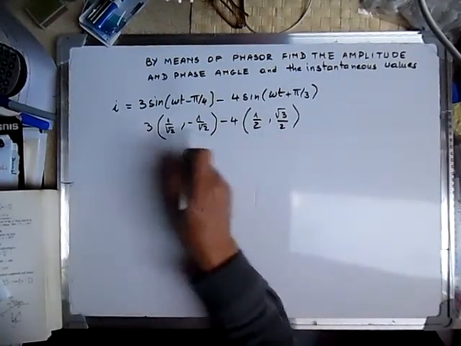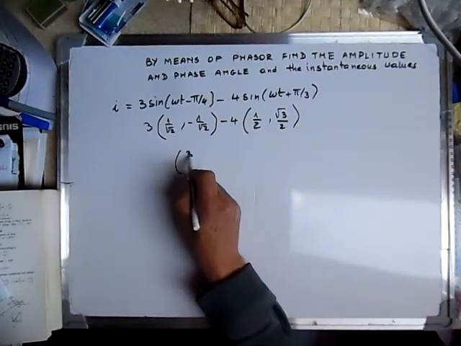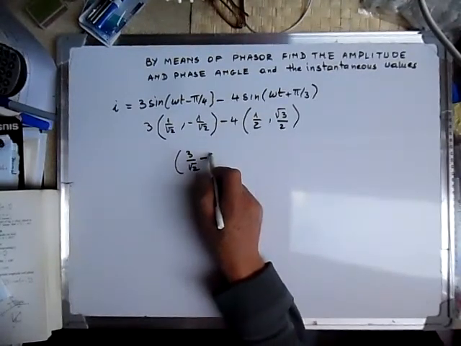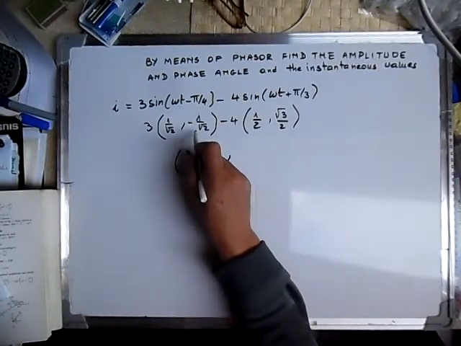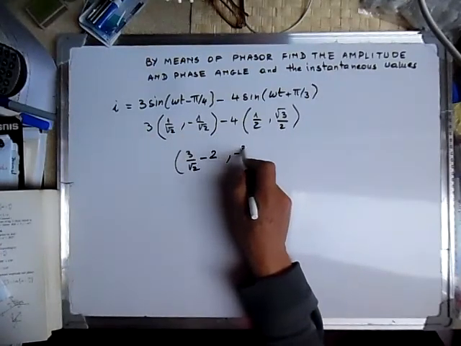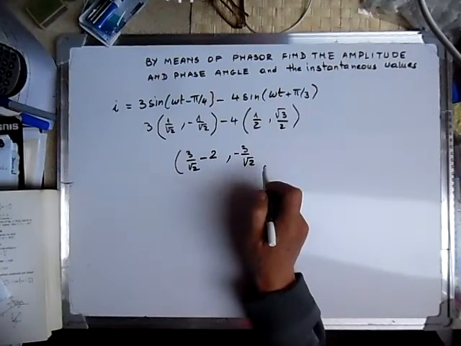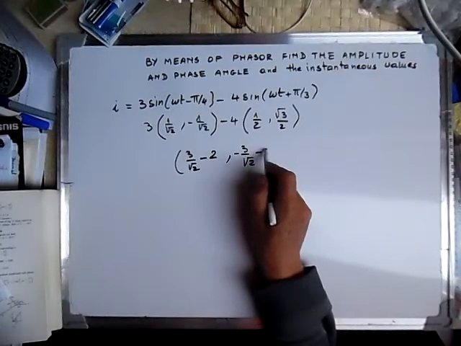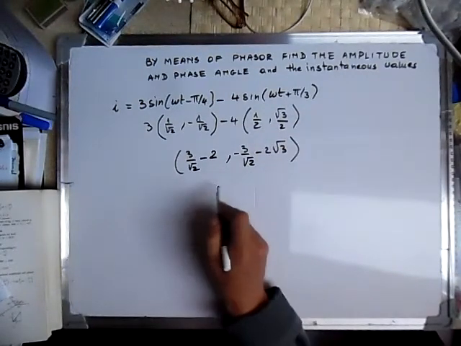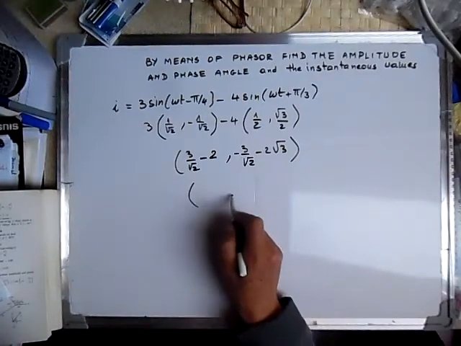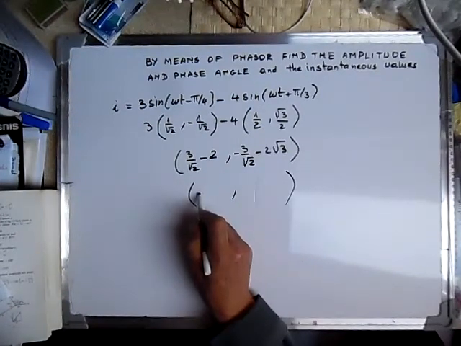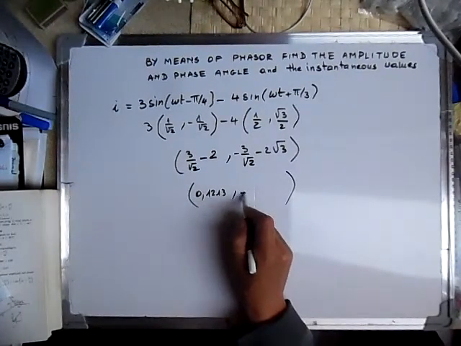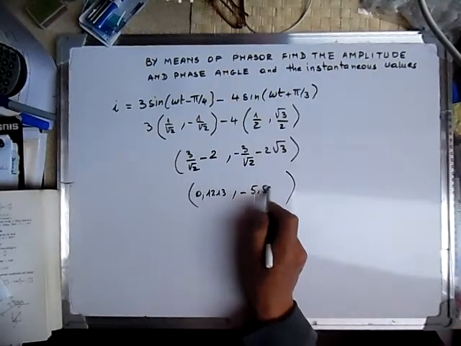So we add the two, the real parts we add together. 3 over square root of 2 minus 4 times 1 over 2. For the imaginary part, 3 times this, and minus 4 times this, which is minus 2 square root of 3. Together, if we add them, the real part will be 0.12, and here we have minus 5.585.